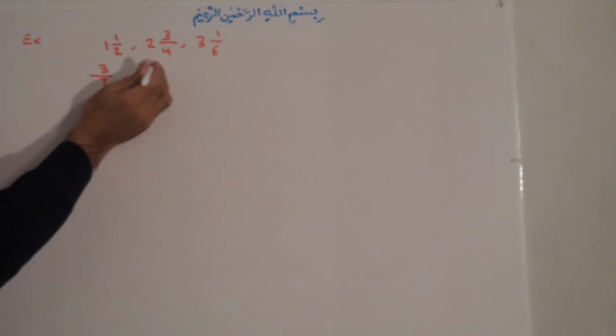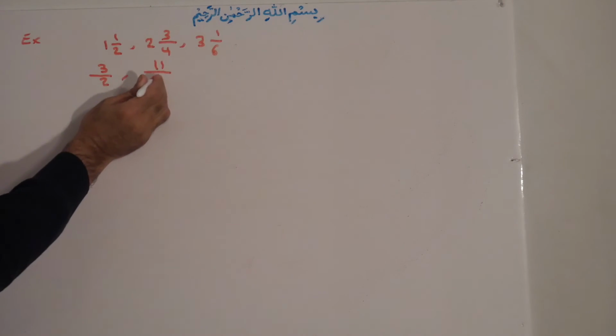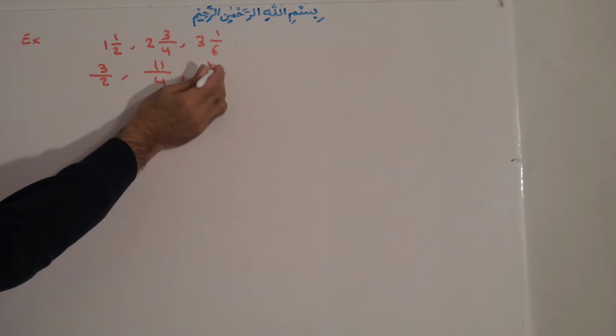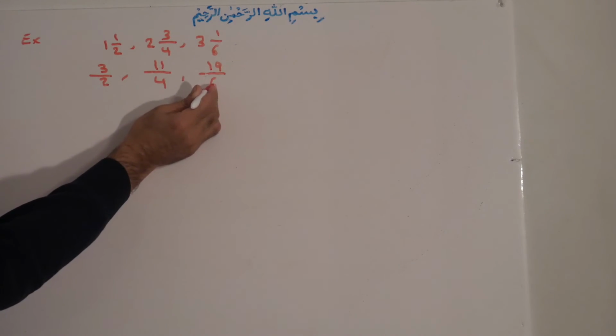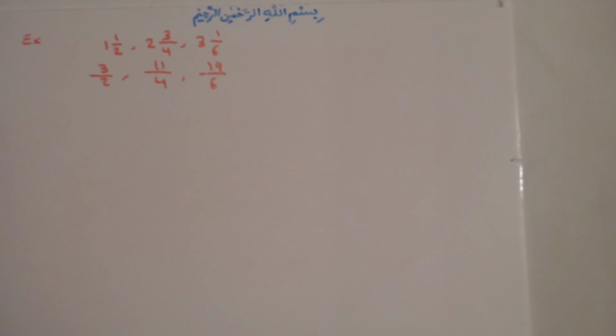The other is 4 times 2 is 8, 8 plus 3 is 11/4. And the next one is 18 plus 1, 19/6. Now we don't know which one is greater. In addition it doesn't matter, but here we first write the largest one, or big one.